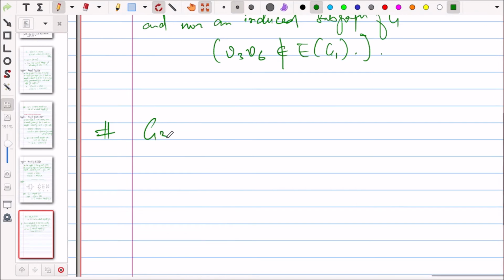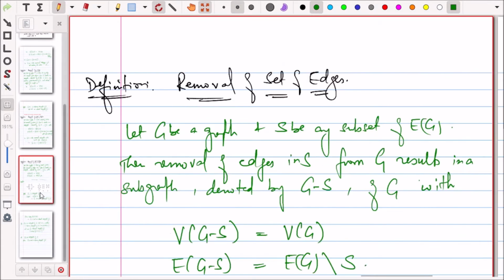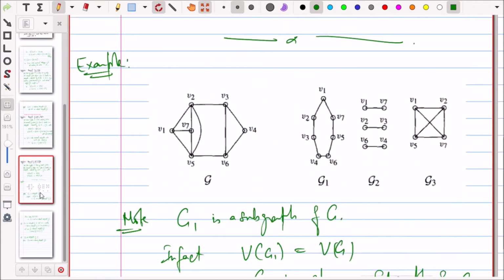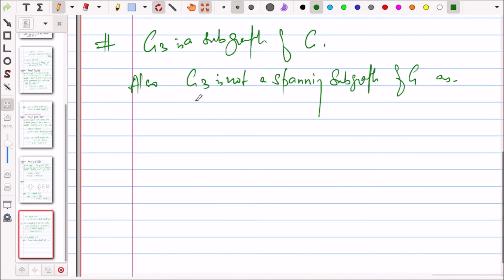G3 is a subgraph of G. Also, G3 is not a spanning subgraph of G, as one vertex is missing, tell me one name. V3. V3, as V3 does not belong to V of G3.